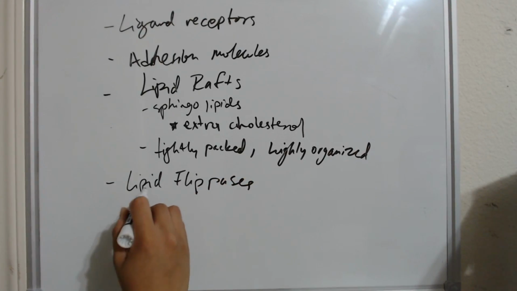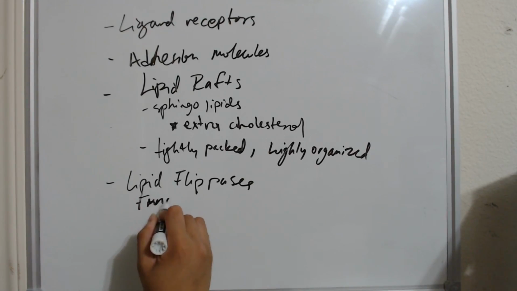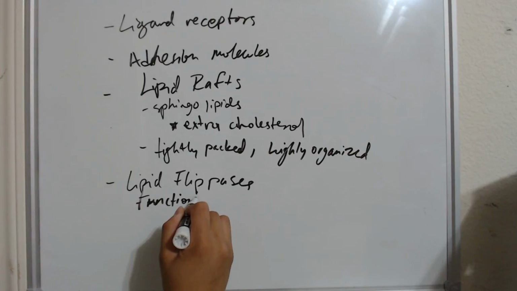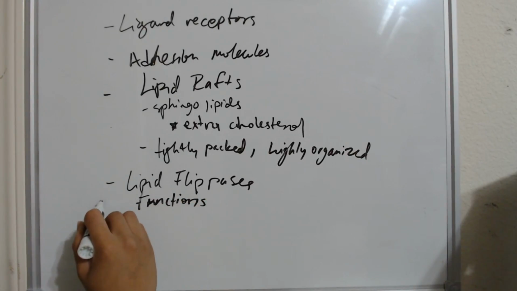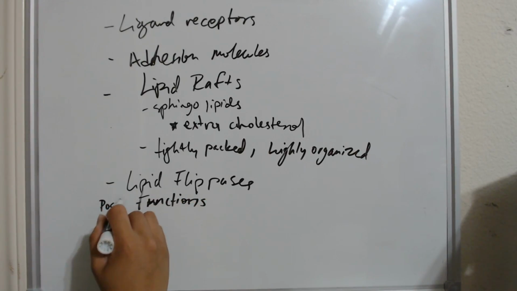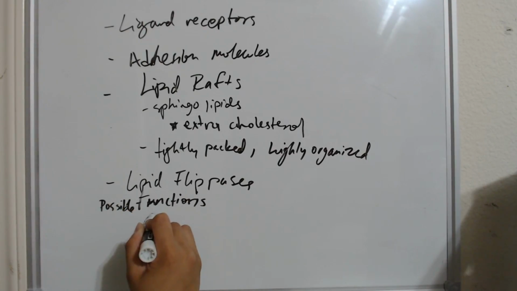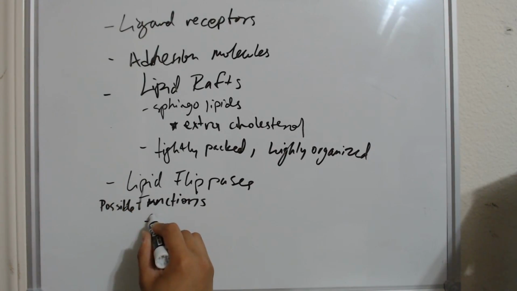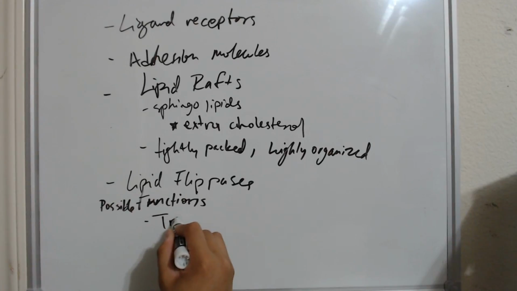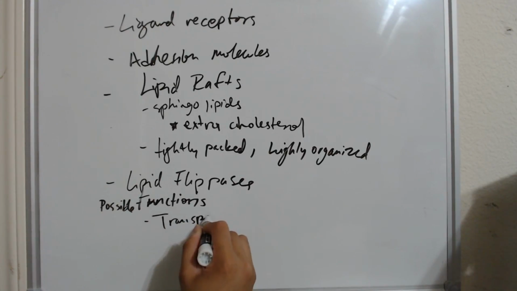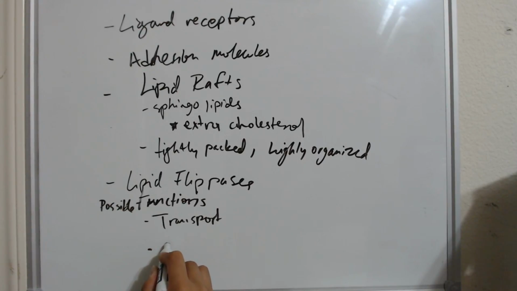You don't know 100% what the functions are, but possible functions from research. Possible. Or it can be used as transport, or it can create or maintain essential bilayer. So there's that.